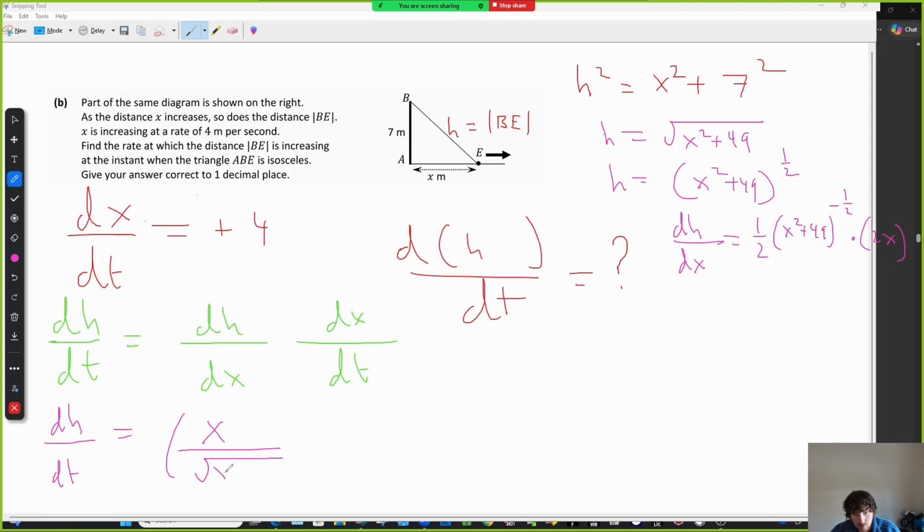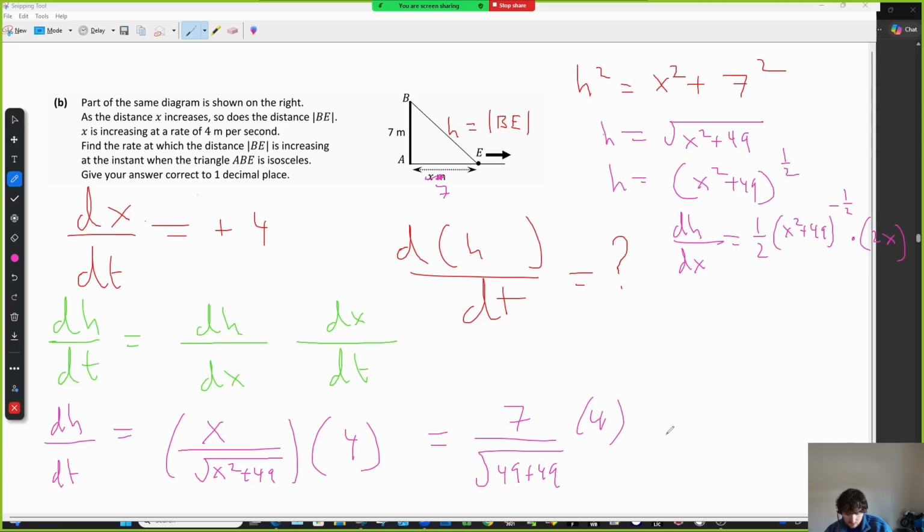So that's a square root x squared plus 49 on the bottom. And then this is bracket 4, because that's the dx dt. And then we're told to get this when the triangle is isosceles, so that just means this here is 7, because the two sides will be the same. So then we just put x in as 7, so we go 7 over square root of 49 plus 49 multiplied by 4. Okay, so I'll get a value for that in our calculator.